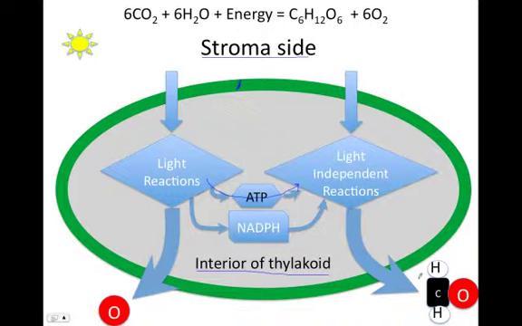Now, after the potential energy in the ATP and NADPH is depleted in the light-independent reactions, the resultant molecules, NADP+ and ADP, are recycled and sent back from the light-independent reactions back into the light reactions and restored back into ATP and NADPH.